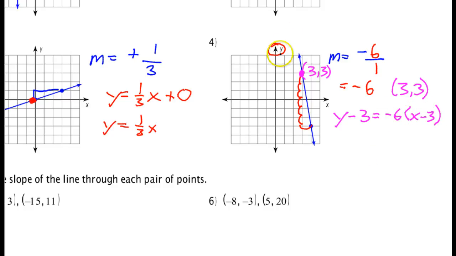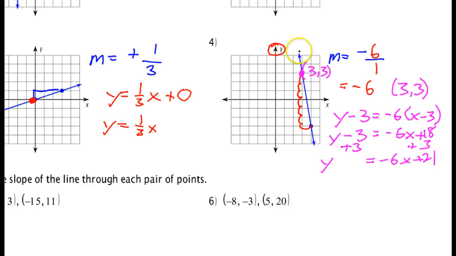So here's what you do. You can't see the y-intercept, but you still need to write it in slope-intercept form. And then if we go ahead and solve this, negative 6x plus 18, add 3 to both sides. And that looks about right. Y equals negative 6x plus 21.